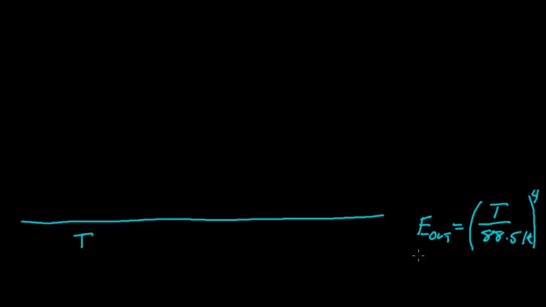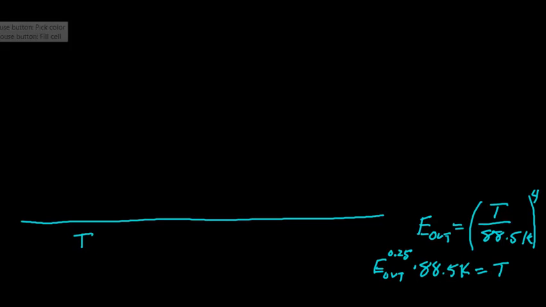I can just simply solve this, and what I'd get is energy out raised to the 1/4 power, or the 0.25 power, times 88.5 Kelvin. That would be equal to the temperature. Okay, so those are the relationships that we're going to actually use.